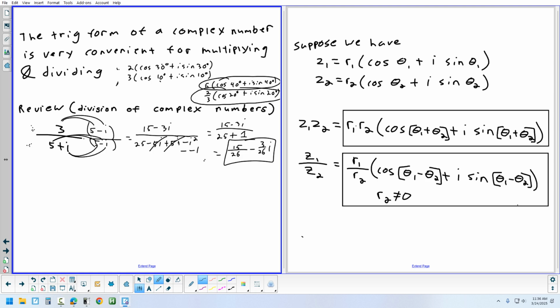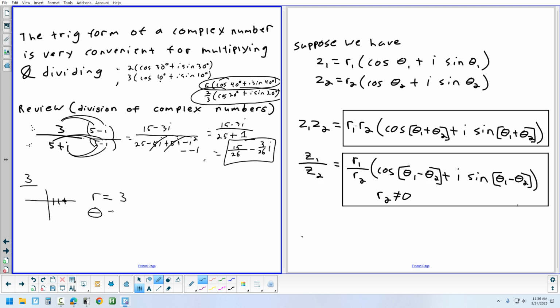So let's start with the 3. What's the imaginary part of 3? 0i, there isn't one. So if I graph it, how do you graph 3? Just go right 3. If you go right 3, what's your radius? 3.